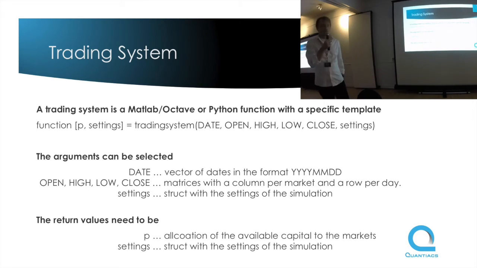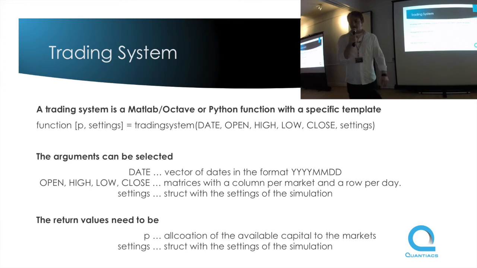We're currently testing the commitment of traders data for futures in beta, so this will be released in a week or so, hopefully. But for now, it's the primary market variables like date, open, high, low, close, volume, and for futures, open interest. And we work at the moment with daily data resolution, daily market data on futures. Our data goes back until 1990, so you have 25 years of market data to run your backtest on.